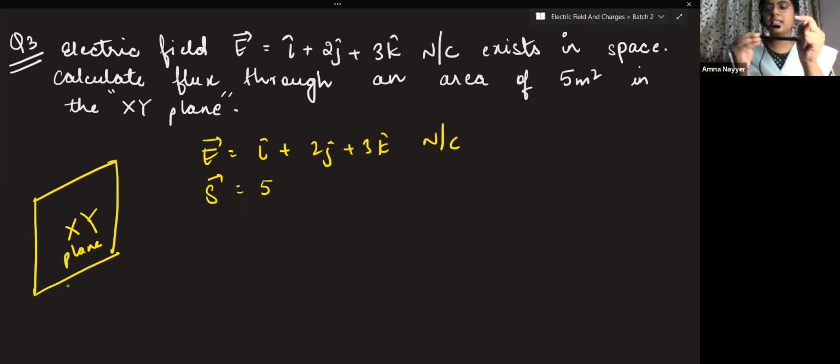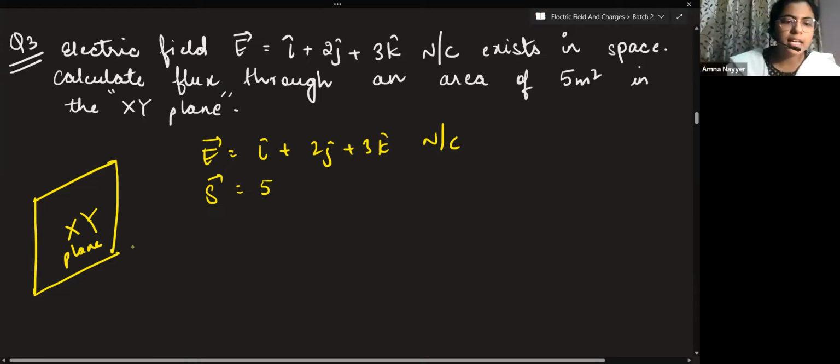If I say this is x-axis and this is z-axis, then this plane is xz plane. If this outward axis is pointing to the z-axis, and this is the y-axis, then this plane is yz plane. So I have considered right now that this is the x-axis and this is the y-axis. So this plane becomes xy plane.